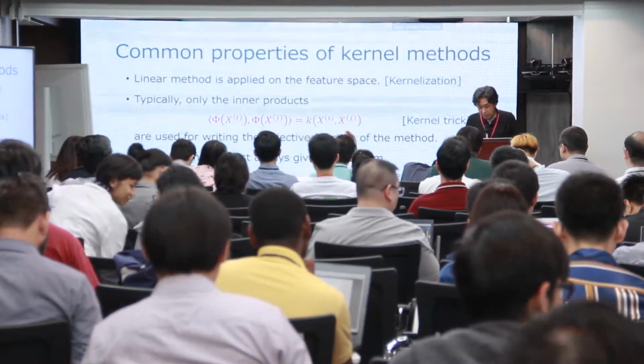Okay. And the support vector machine follows this general idea. However, in the case of support vector machine, the method on the feature space is already known. It is not a classical statistical method, but the support vector machine on linear spaces was already known in the proposal. I'd like to explain it. So the problem to solve is binary classification.